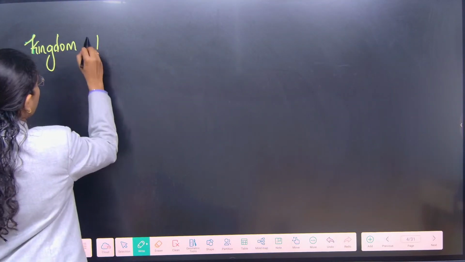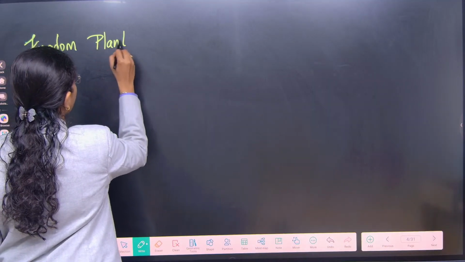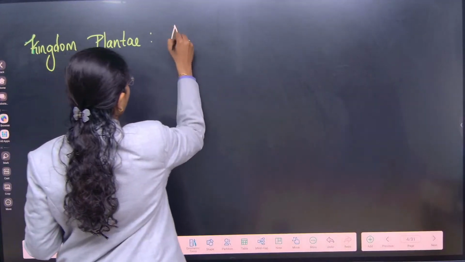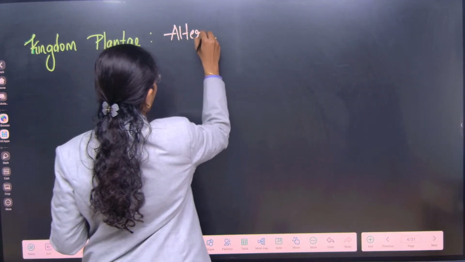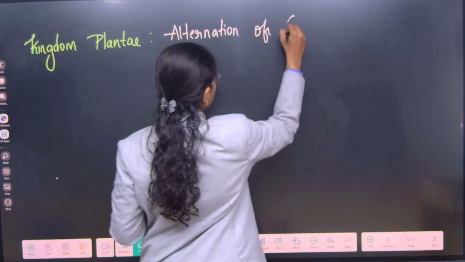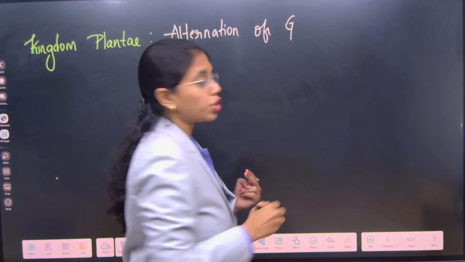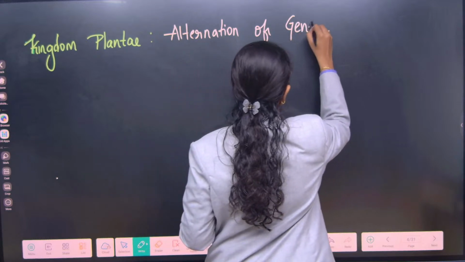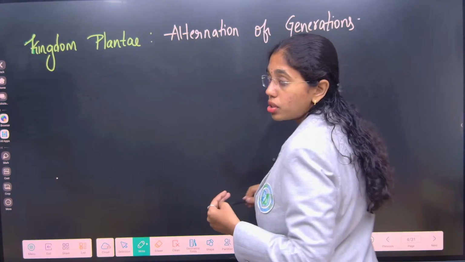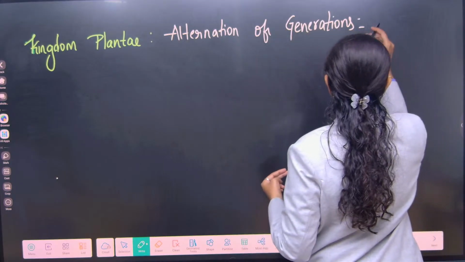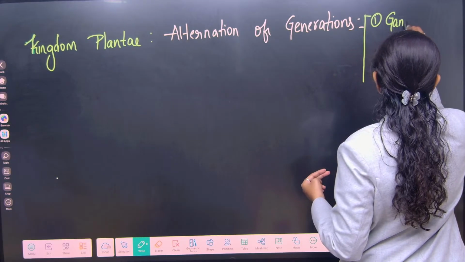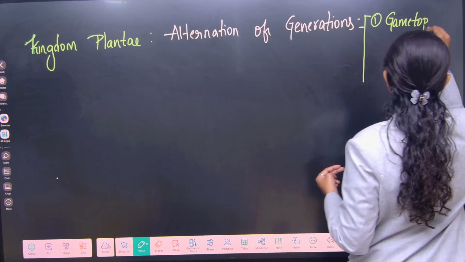Kingdom Plantae exhibits alternation of generations. What are the 2 generations that you come across? One is gametophytic generation, gametophyte.